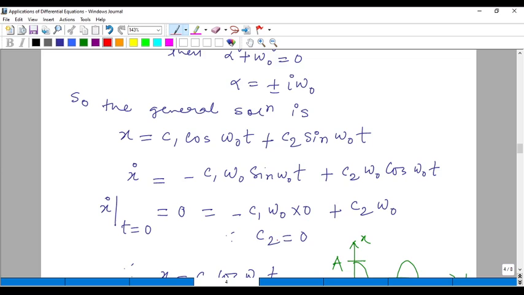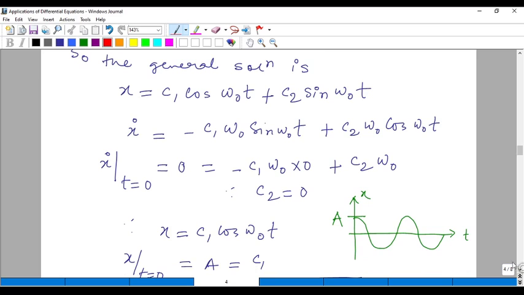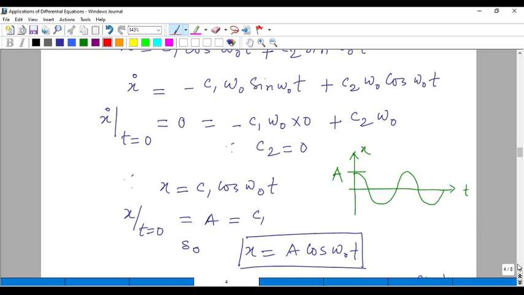Putting this value of c2 here, we get x equal to c1 cos omega 0 t, and now we have to find the value of c1 using the initial condition for x at t equal to 0, which is the maximum. This is a, so c1 equal to a. So we get the expression of the displacement, x equal to a cos omega 0 t.